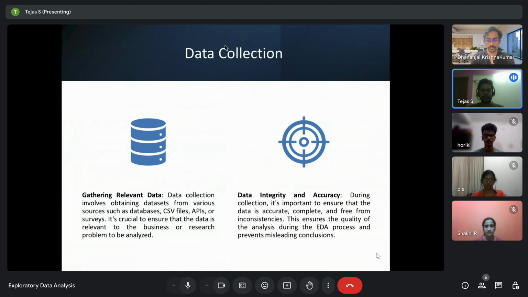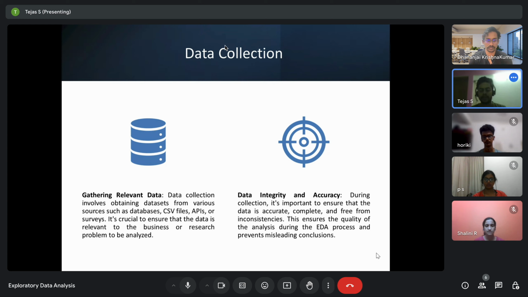So, coming to data collection. Data collection is collecting relevant data for analyzing purposes, and it can be of any format like Excel, CSV, etc. And it is important to collect relevant data so that it is related to business or research to be analyzed.